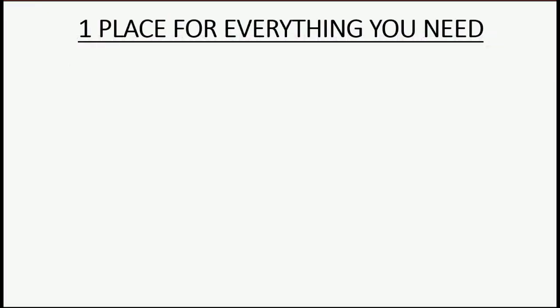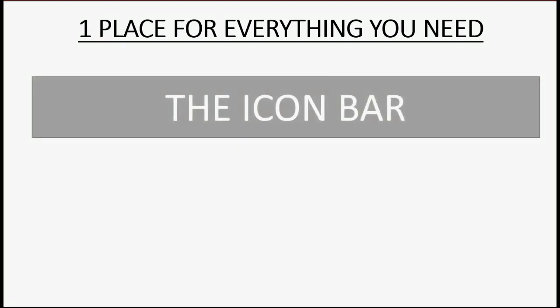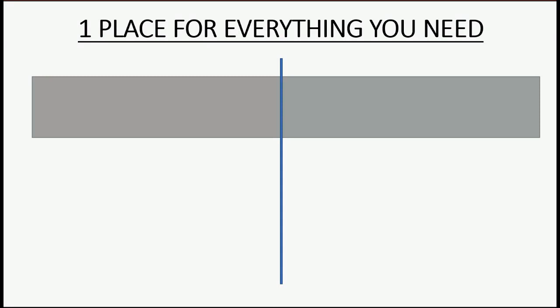But if you had one central place for everything you needed, then using QuickBooks Desktop would be smooth and easy. And that one central place for only the few things that an Express Simple company needs is a place called the icon bar. And it's a place where you can put all the different shortcuts you need.